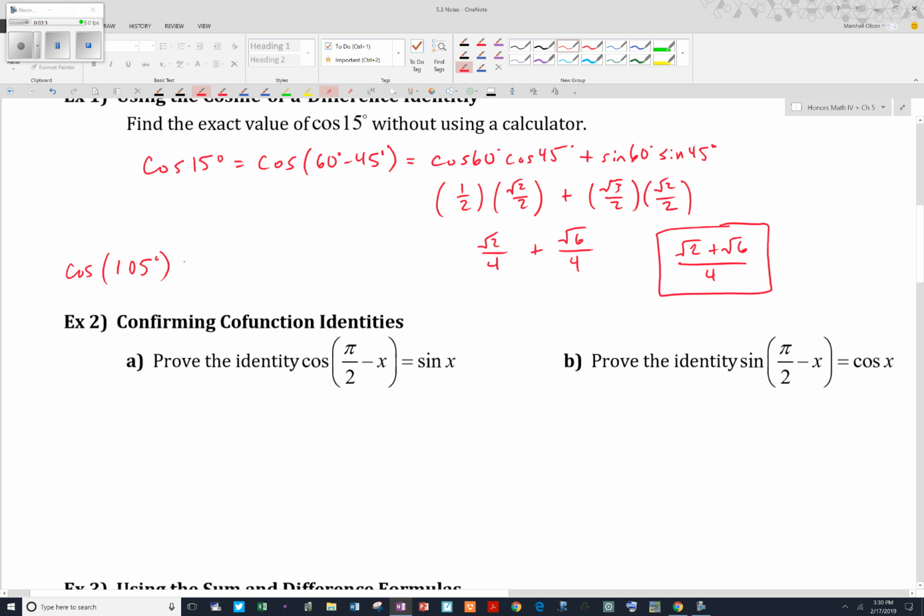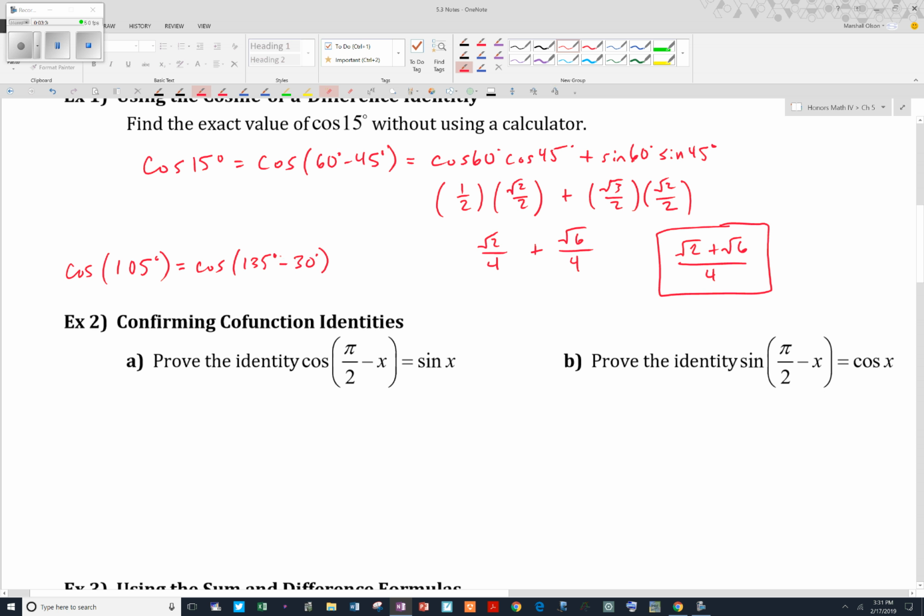We could actually use 60 and 45 here, but that's what happens when you just make an example up on the spot. I'm going to do this a little bit different way. I'm going to use 135 minus 30.